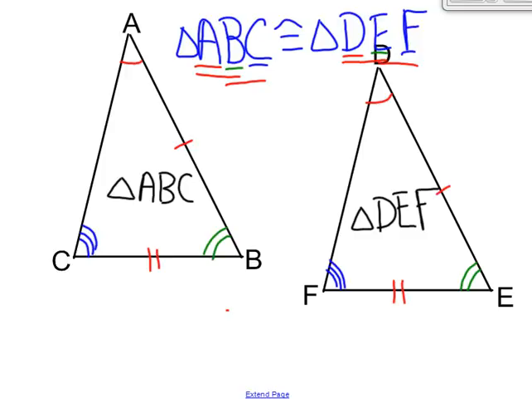And of course, we sort of have to wrap around here and say that CA and FD are also going to be congruent. All that information is conveyed in this annotation right here. That's exactly what you read from that right there, that these two triangles, ABC and DEF, are congruent triangles.